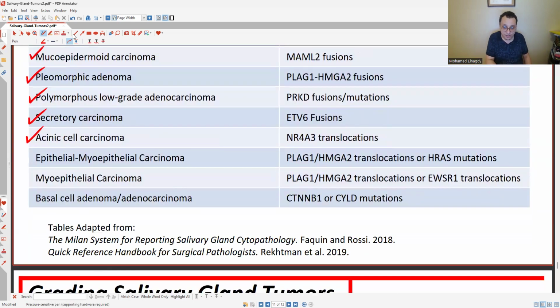He didn't write it down here, however, you need to know it. Also basal cell adenoma and basal cell carcinoma, it's CTNNB1 and cyclin D mutations.